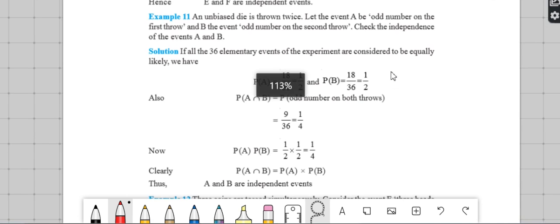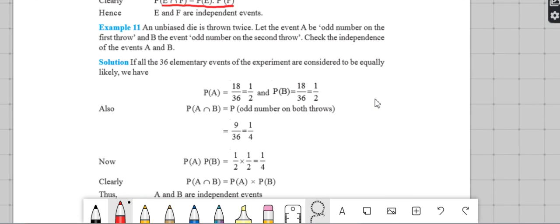So not very difficult. Once again, question number 11 you can check. An unbiased die is thrown twice. Let event A be an odd number on the first throw and B be the event odd number on the second throw.